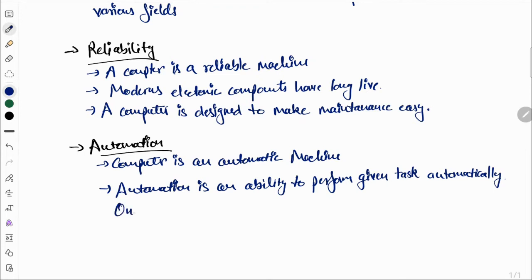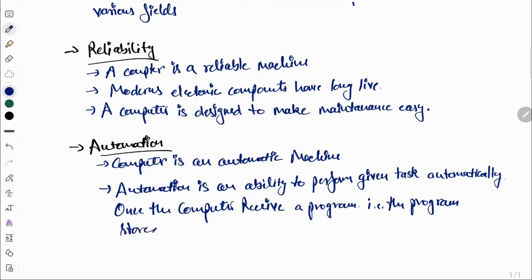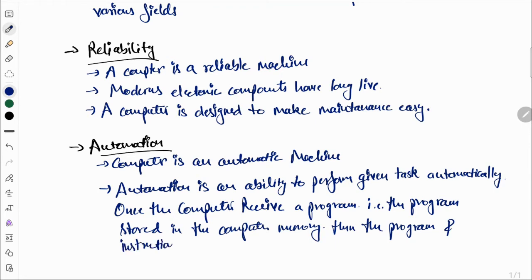Once the computer receives a program, that is, the program stored in the computer memory, then the program and instructions can control the program execution without human interaction.